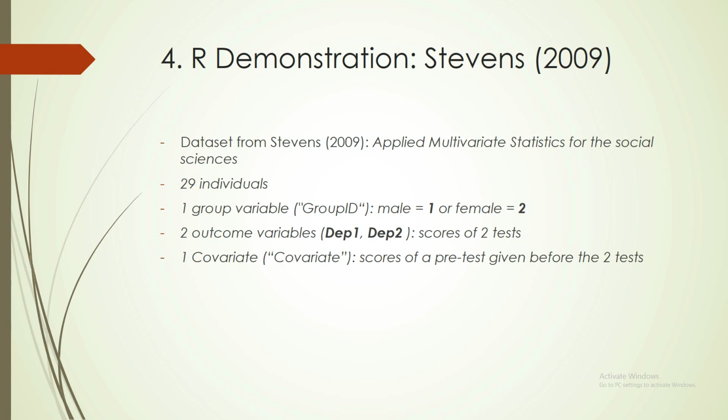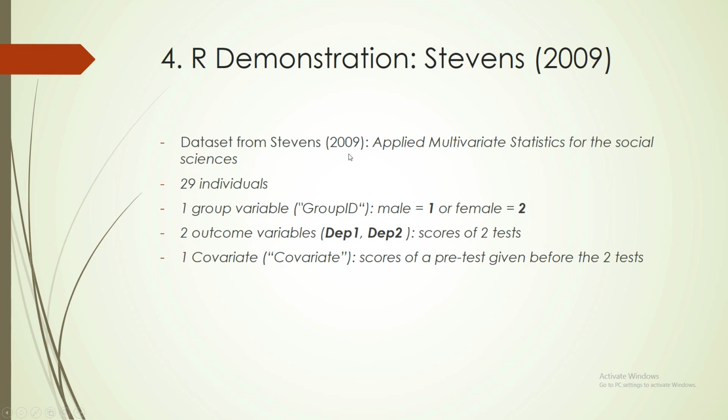Okay, so finally we get to our demonstration part of this video. The data set that I'm going to use for this demonstration was published in a book called Applied Multivariate Statistics for the Social Sciences, written by Stevens, published in 2009.